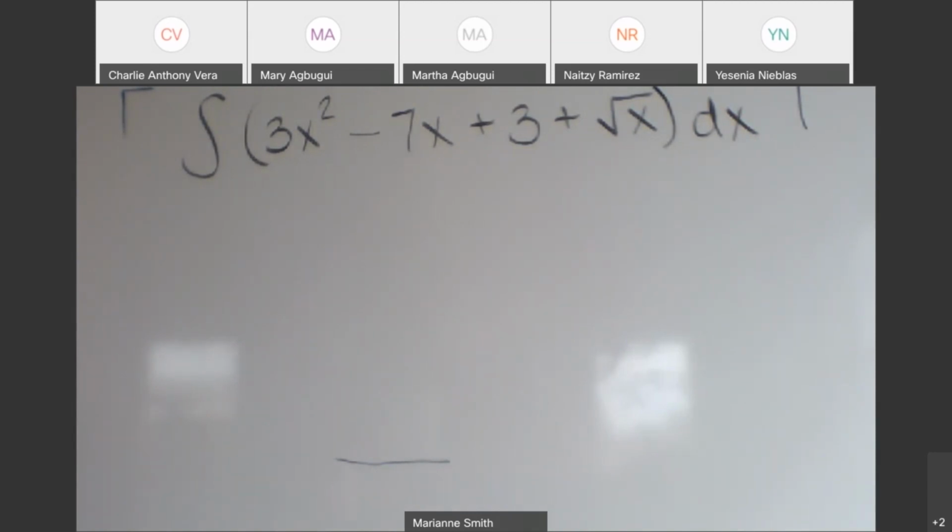Anybody stuck anywhere? I'm expecting a lot of people to get stuck with the square root of x, but you should be okay with the other terms. So don't be anxious if the square root of x is giving you trouble. Remember, rewrite it as x to the 1/2 before you start.